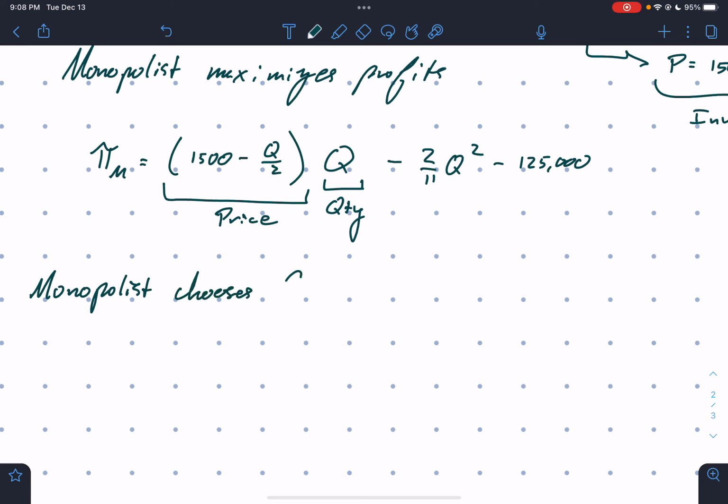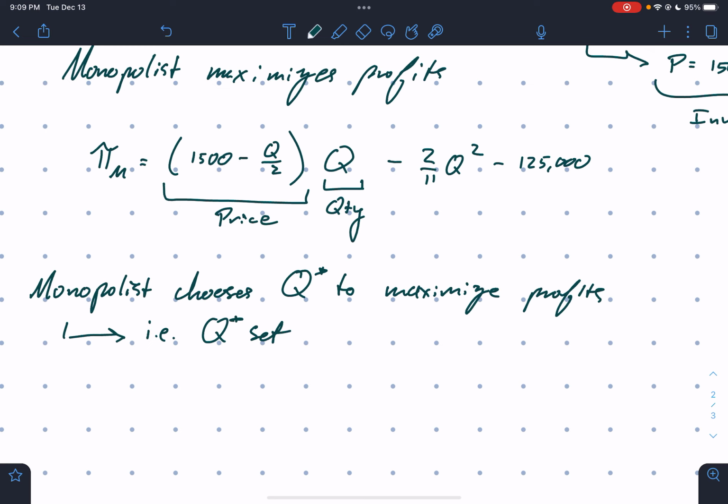Okay, so the monopolist chooses Q star to maximize profits. So in other words, Q star sets marginal revenue equal to marginal cost.